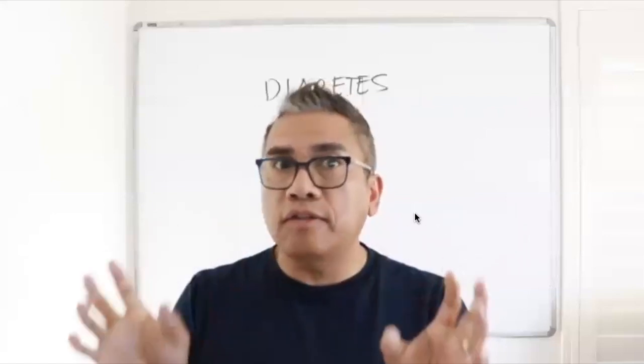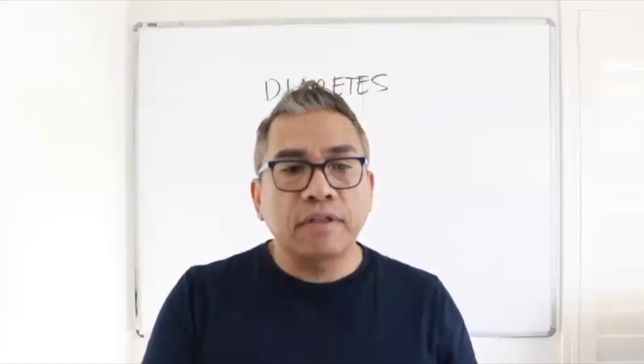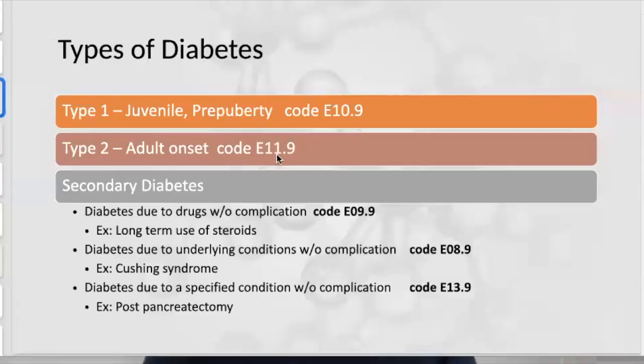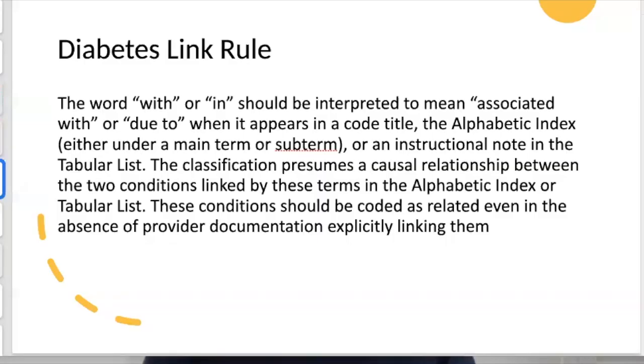It's no longer the unspecified. You remember the unspecified code, the E11.9? You no longer use this code, because of the complication attached to diabetes. That's what I mean about the diabetes link rule.